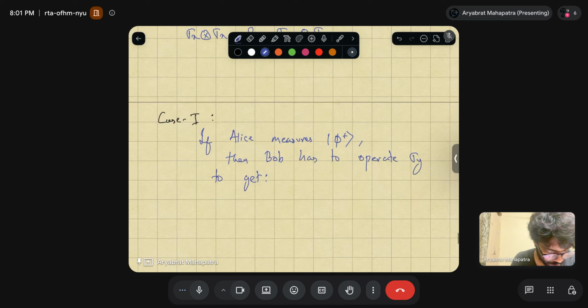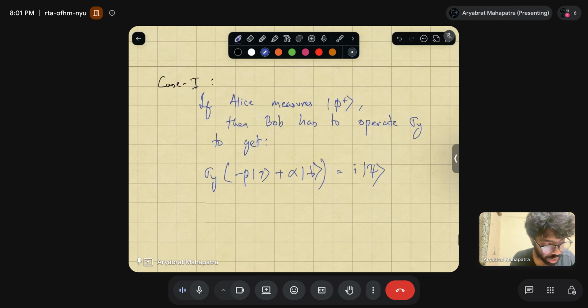So if Bob operates sigma y on beta up state plus alpha down state, you will find that this will give you alpha psi, sorry, I psi.